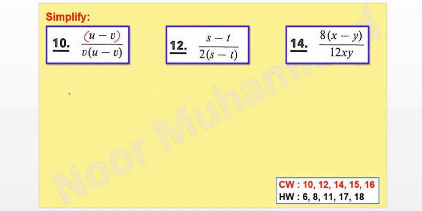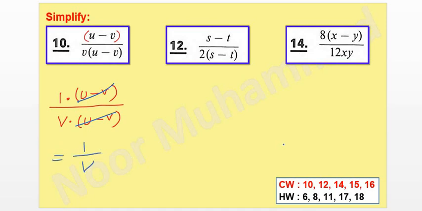So for your convenience, I'm writing it over here like 1 times u minus v, or you can say 1 times this bracket, and in the denominator we have v times this bracket u minus v. Now these are two exactly similar brackets or same factors, so these two can be cancelled. So finally our answer will be 1 out of v.